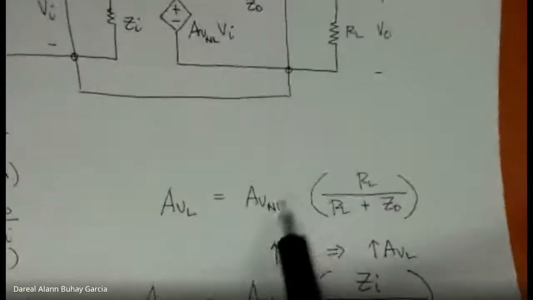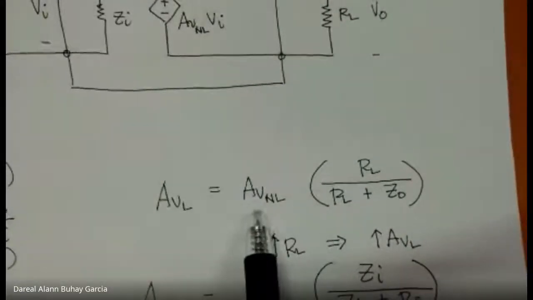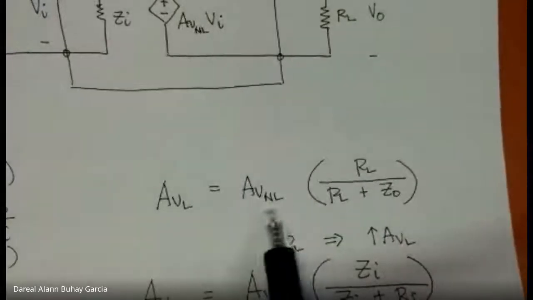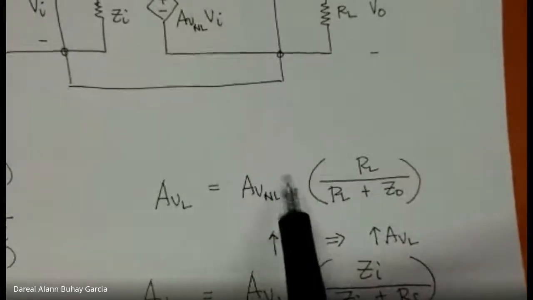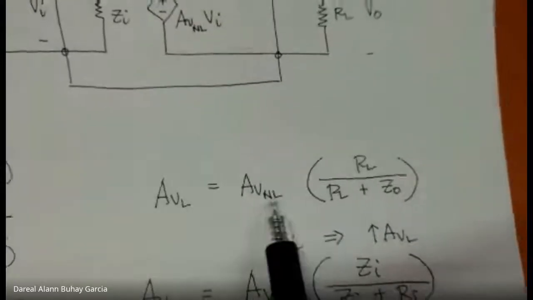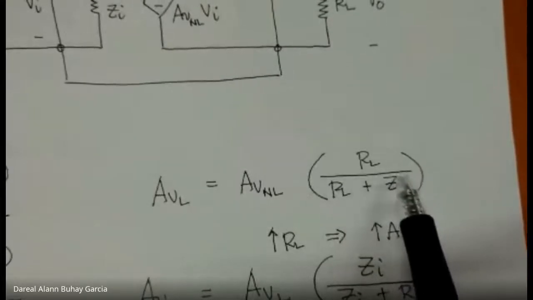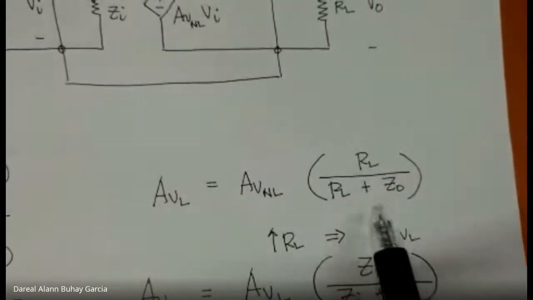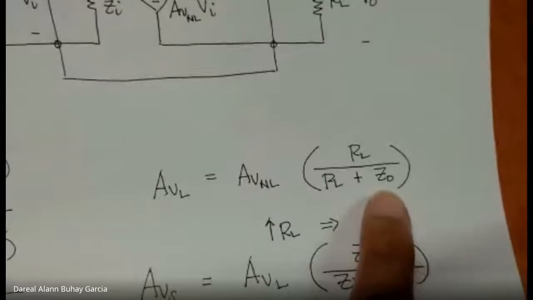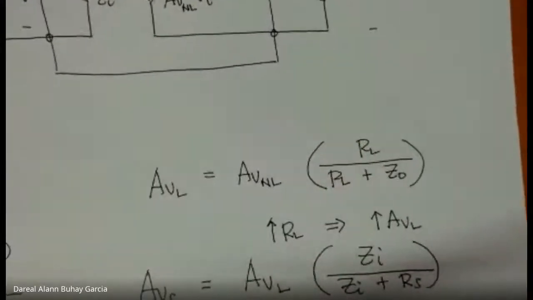This is the formula, I hope it is familiar. AV no load, which is the voltage gain we solve or look up in the table, just multiply it by the voltage divider factor, RL over ZO plus RL. ZO is the output impedance, and RL is the load. Okay.